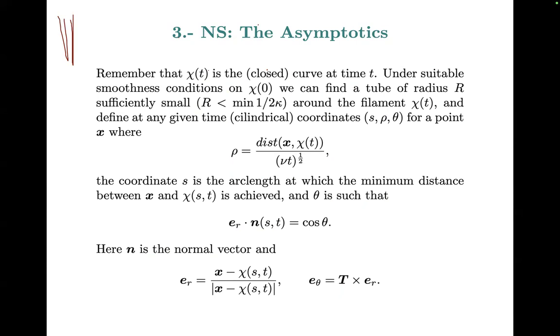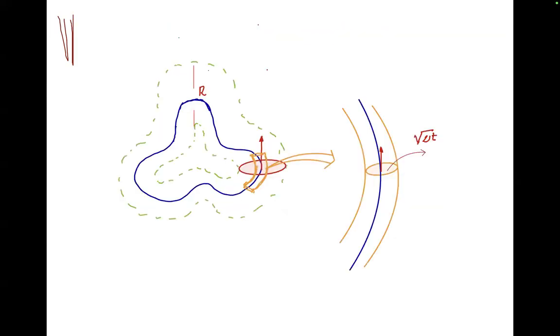And then given ER, you generate also the angular direction, which is E theta, which is nothing but T, the vertical vector, which should be 0, 0, 1 if you want, cross product with the position operator, right? So in cylindrical coordinates, the orthonormal frame would be the tangent vector, ER, and E theta.